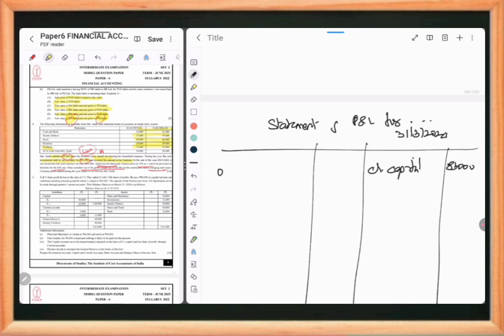And then the opening capital is 44,000. So this is for 31/3/2024, I mean the current year.